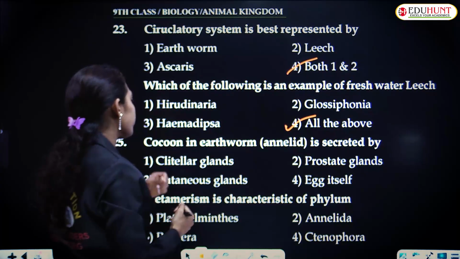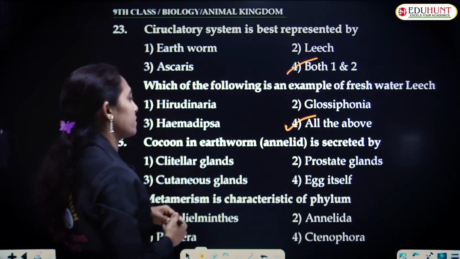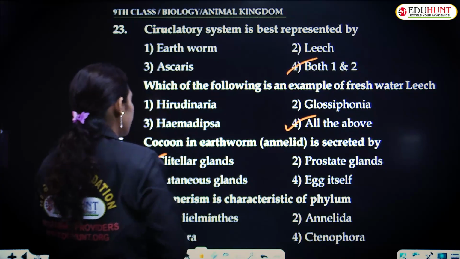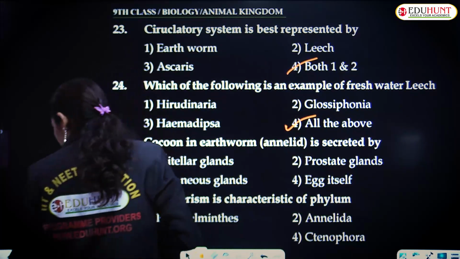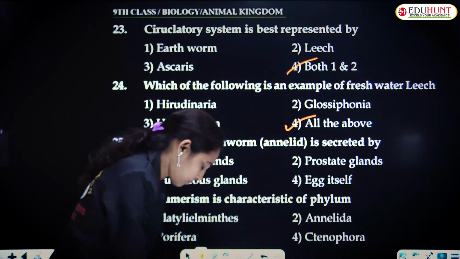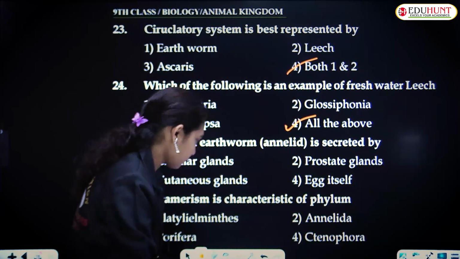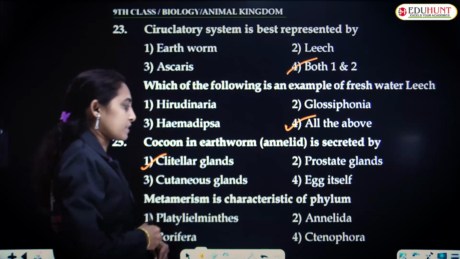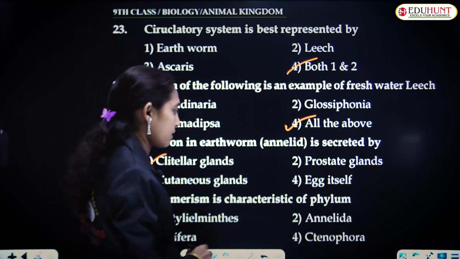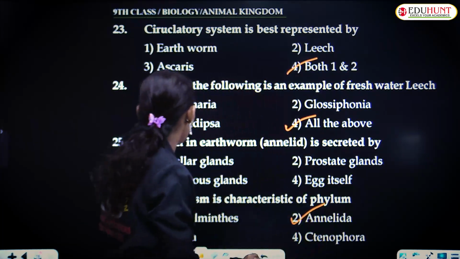Cocoon in earthworm is secreted by ciliary or clitellar glands. Metamerism is a characteristic of the phylum Annelida.